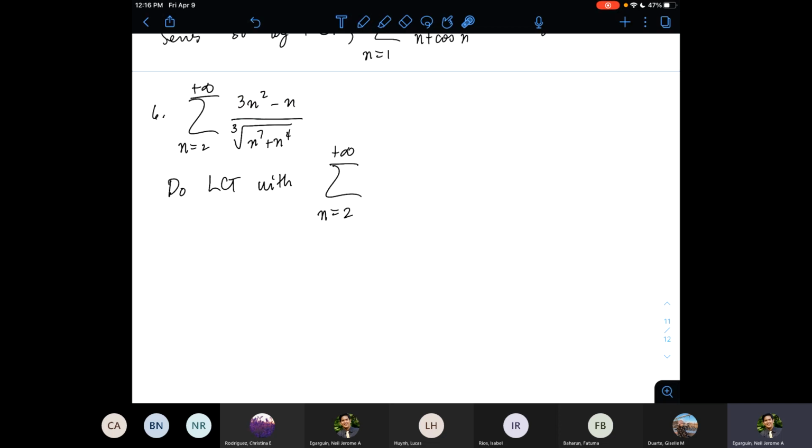When n is very large, minus n is insignificant compared to 3n squared, because 3n squared will grow a lot faster than n for very large n's. So the numerator behaves in a way like 3n squared.